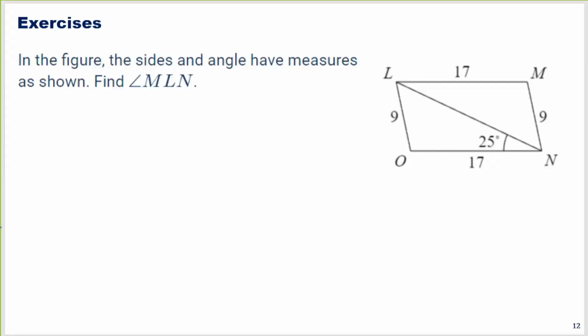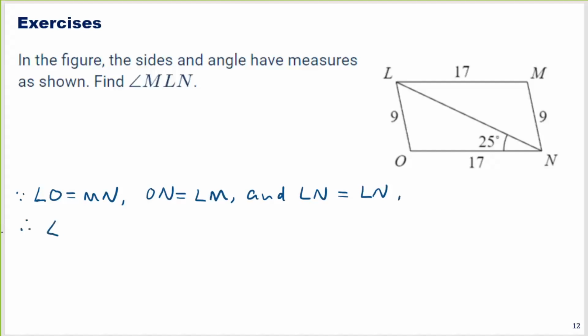So let's have a look at the solution together, okay? So we can say because LO equals MN, ON equals LM, and LN equals LN. Of course, this is the common side, right? By SSS, we have triangle LNO is congruent with triangle NLM, by SSS, three pairs of sides.